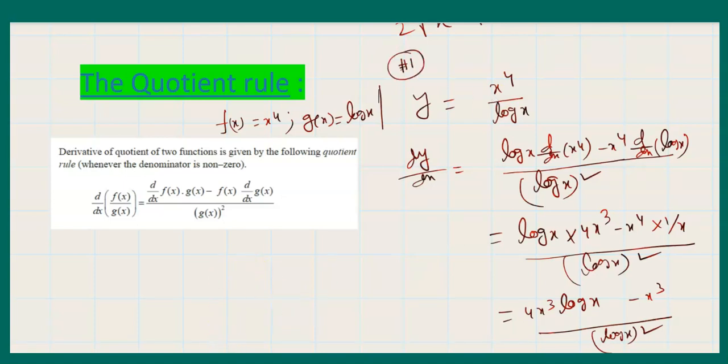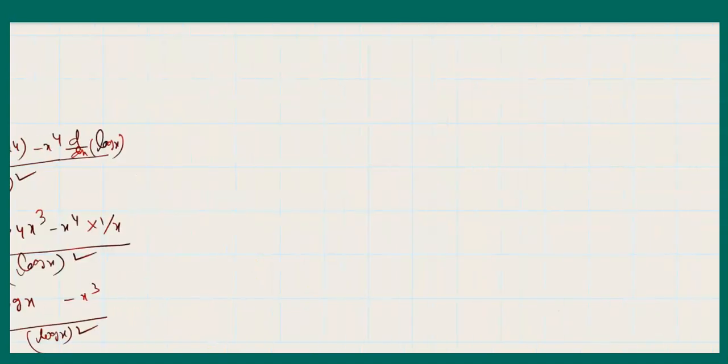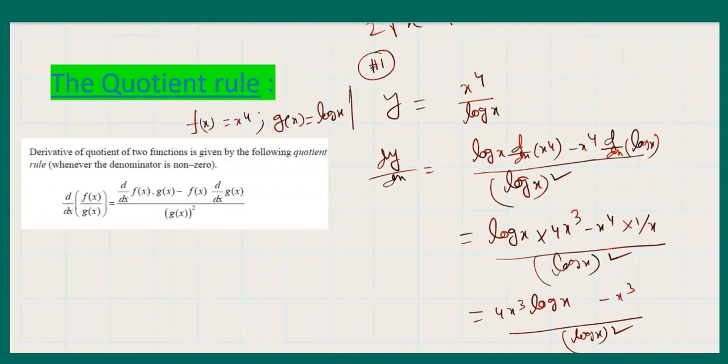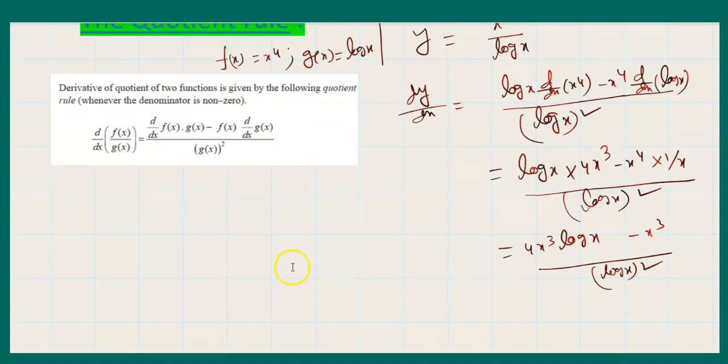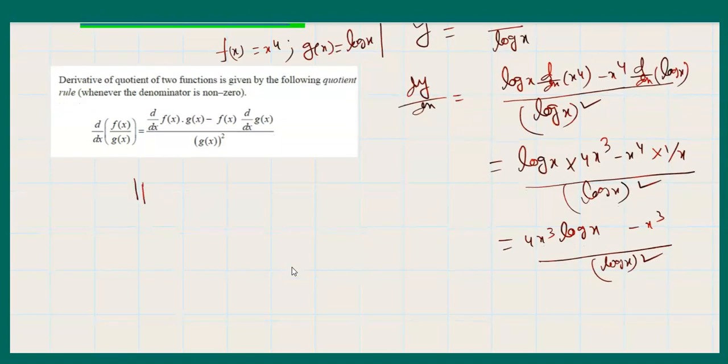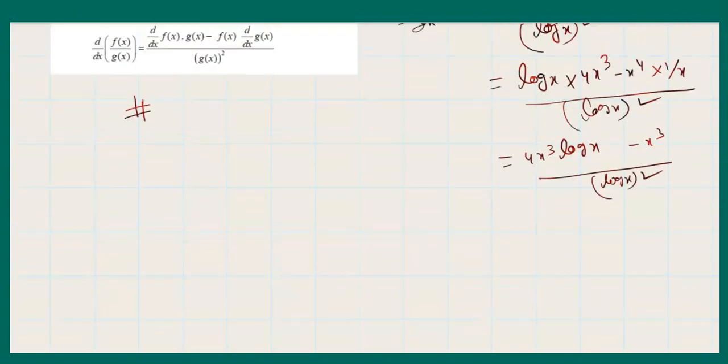Let us take another example on the quotient rule. A bit bigger than this, but it can be done if this concept is clear and you remember the derivative of the sum of two functions and the product of two functions. Let us find dy by dx, or the derivative of this one, (x square plus 1) by (x square minus 1).